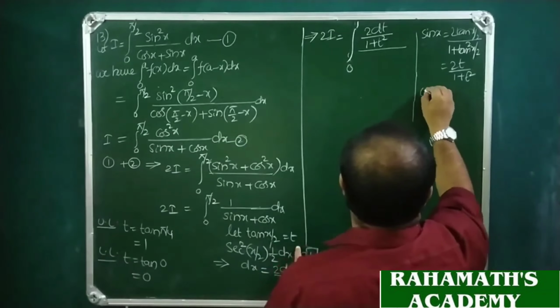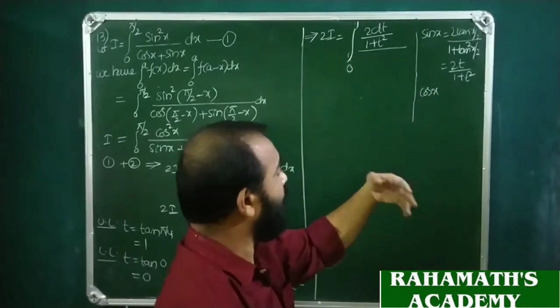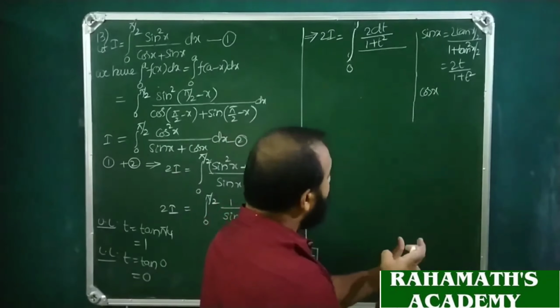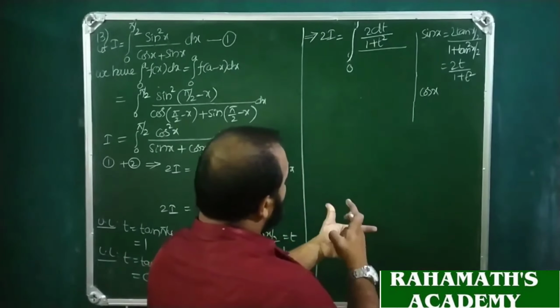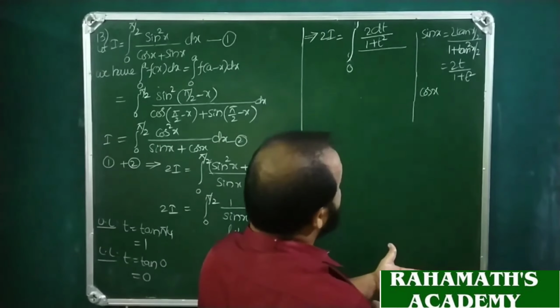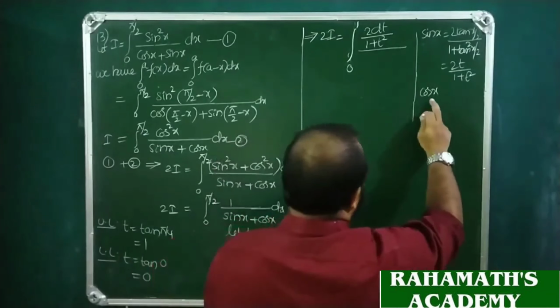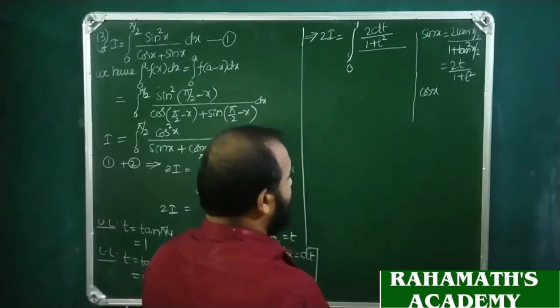Likewise, what is cos 2x? We have 4 formulas. Cos 2x is cos square x minus sin square x, 2 cos square x minus 1, 1 minus 2 sin square x, and the fourth one, which is in terms of tan x: cos 2x equals 1 minus tan square x by 1 plus tan square x.